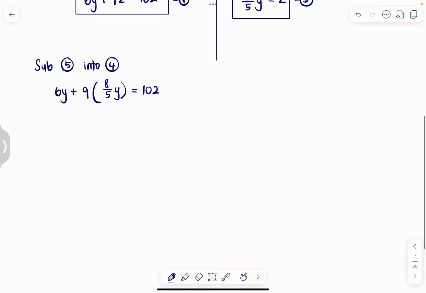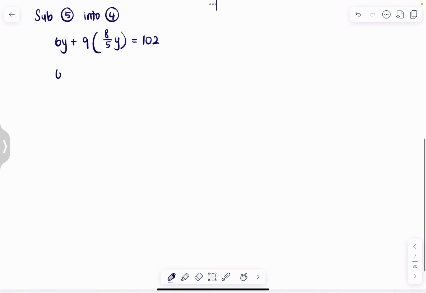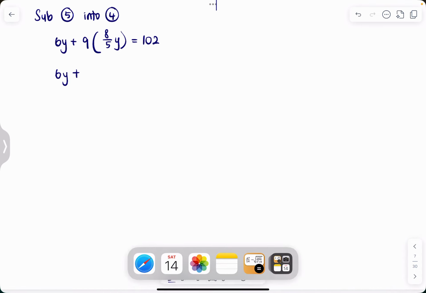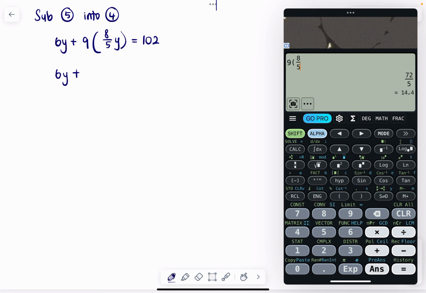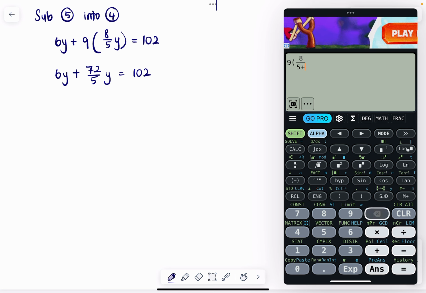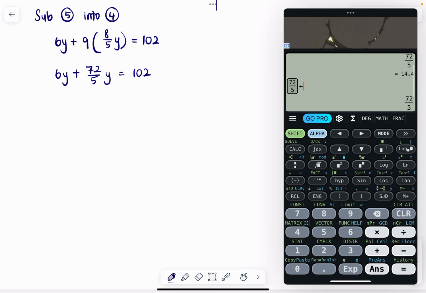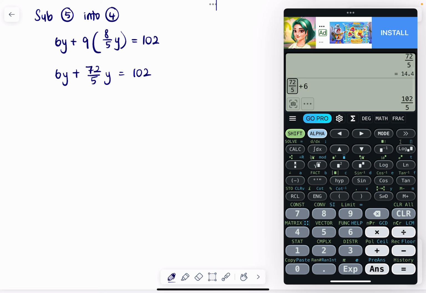Then we try to solve this. So 6y, 9 times 8 over 5, we get 72 over 5 equals 102. So the 72 over 5, we plus 6, we get 102 over 5y equals to 102.